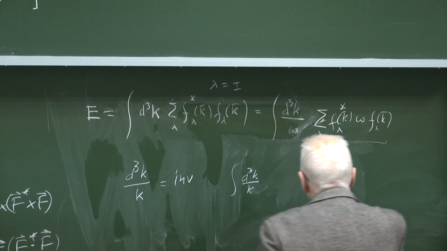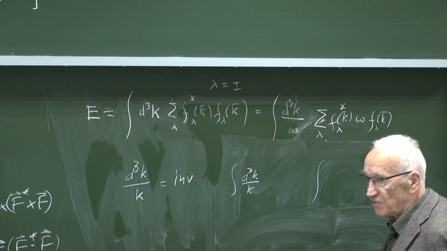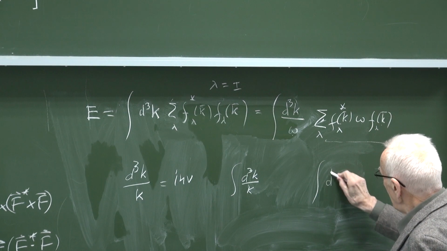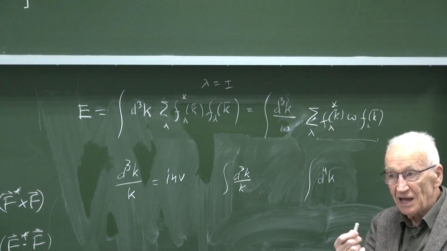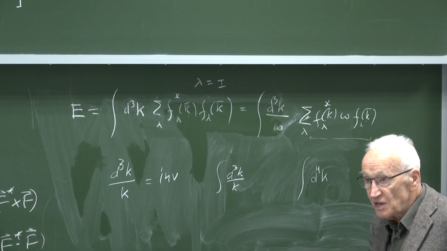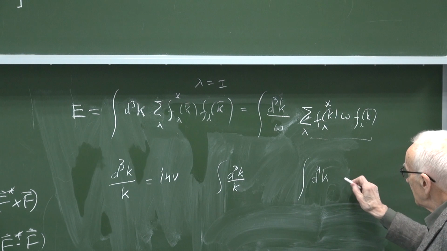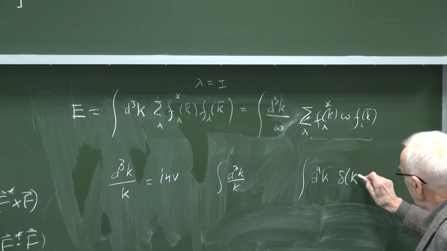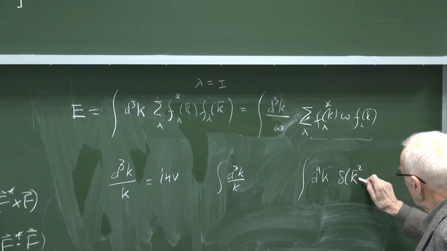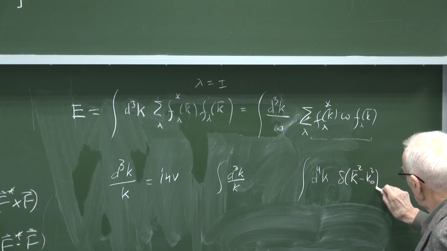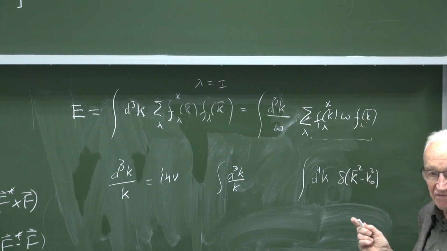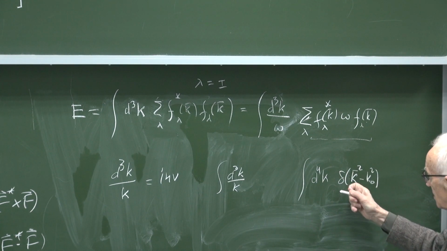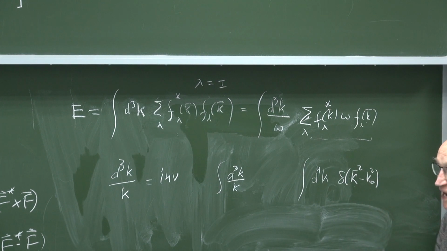And I can write this down also in the following form. I integrate over all four components of k, but the time component is fixed. So how to fix the time component? The time component is fixed if I say that k squared minus k0 squared is the argument of a delta function. This fixes the value, provided we also say that k0 is positive.